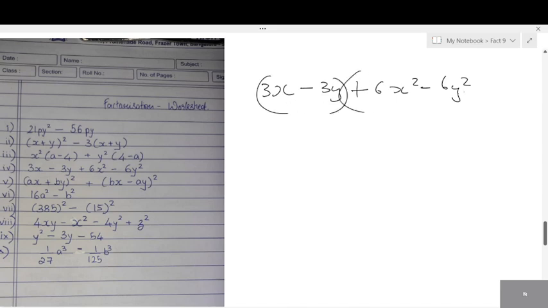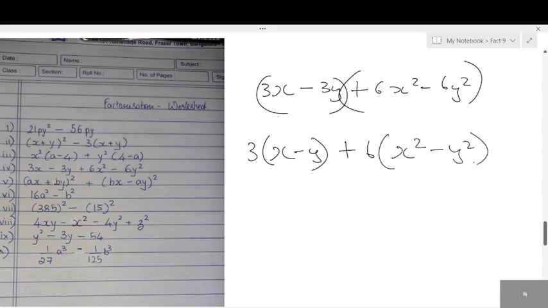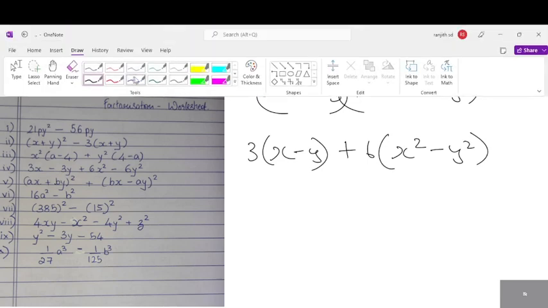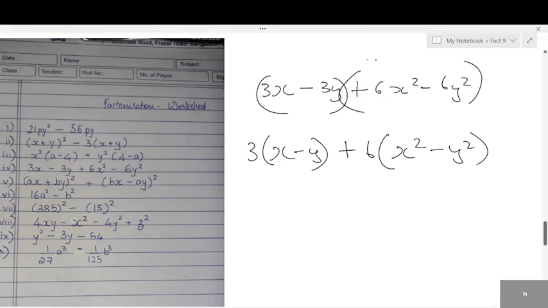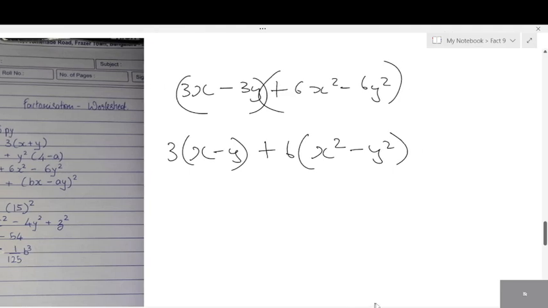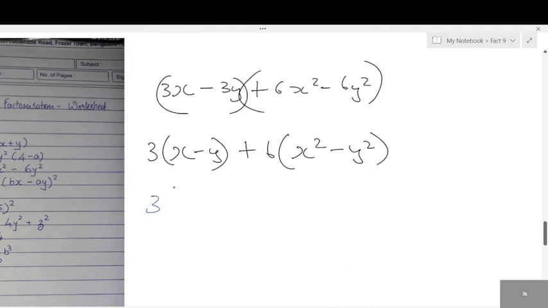What do you get? 3 into x minus y. Then here x square minus y square, right? You can pair them, or even do it directly. Actually, pairing is not required, students. You can directly try this. 3 into x minus y plus 6. Use a square minus b square here. What do you get?